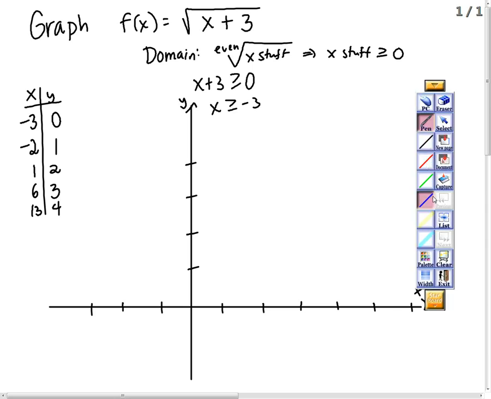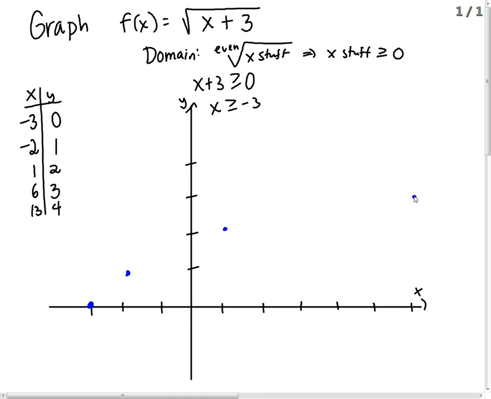So I'm just going to go ahead and start plotting these points. Plug in negative 3, 0. Negative 2, 1. 1, 2. 6, 3, and I can connect this. I get y equals the square root of x plus 3. And we see the domain is x is greater than or equal to negative 3. This is the domain.